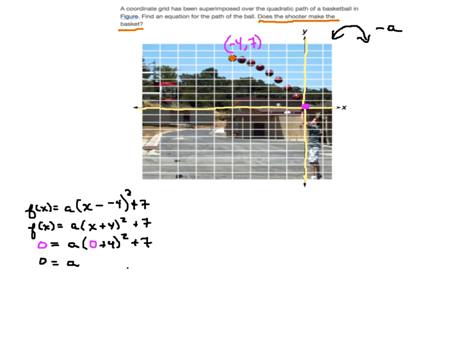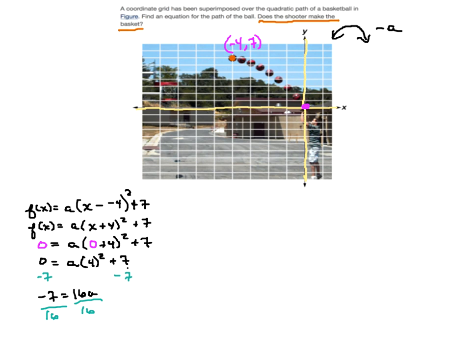So I'm just going to simplify. You have 0 equals a times 4 squared plus 7. I'm going to subtract 7 off of both sides. And that gives me negative 7 equals, well, 4 squared is 16, so 16a. And then divide both sides by 16.